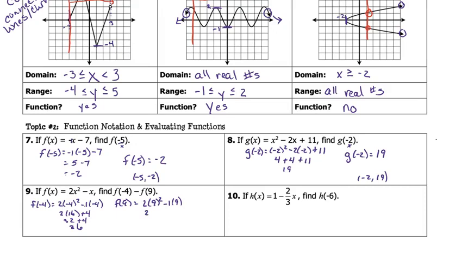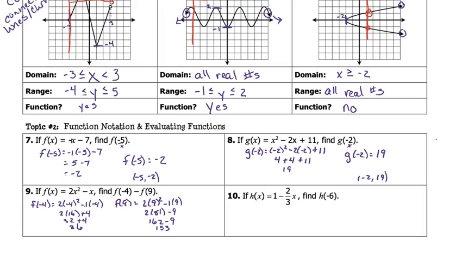So I want 2 times 81. Now negative 1 times 9, that's just subtract 9. 2 times 81 minus 9. So 2 times 81 would be 162, minus 9. 162 minus 9 is 153.